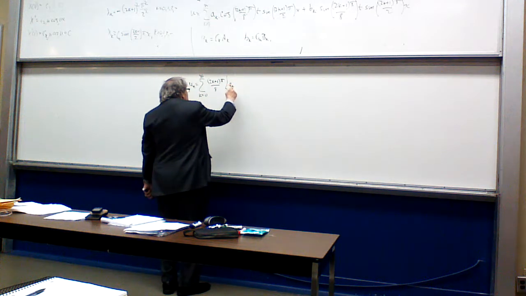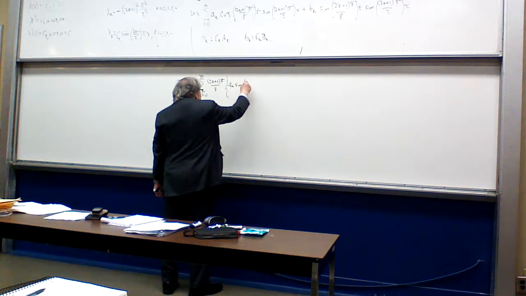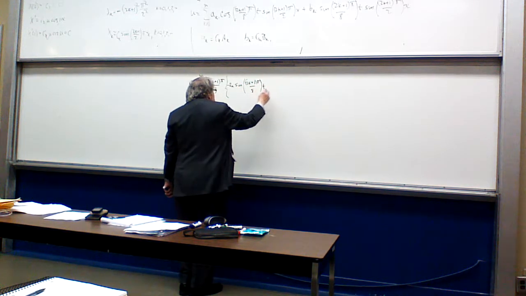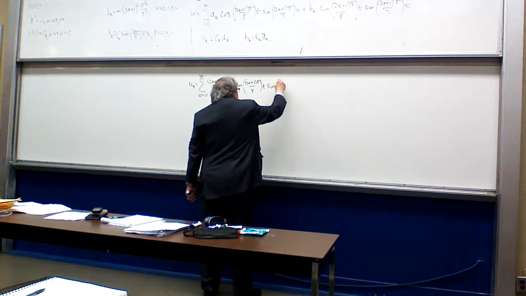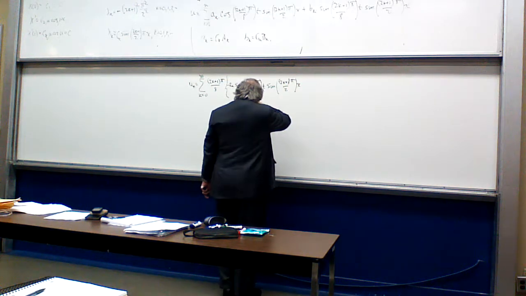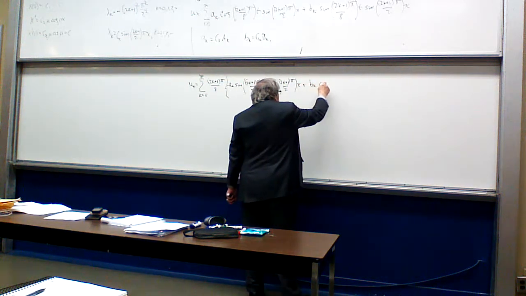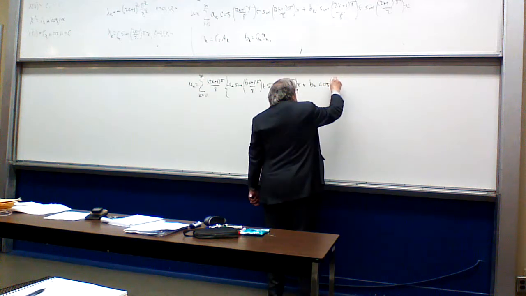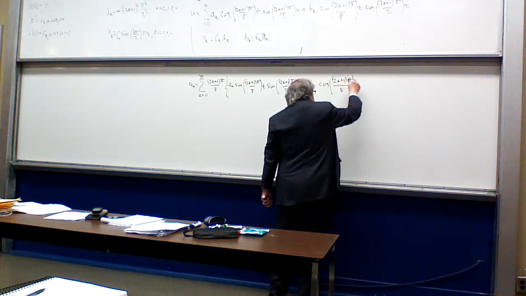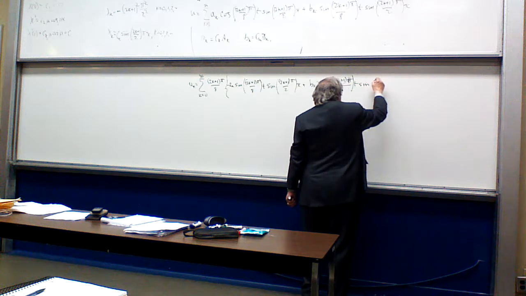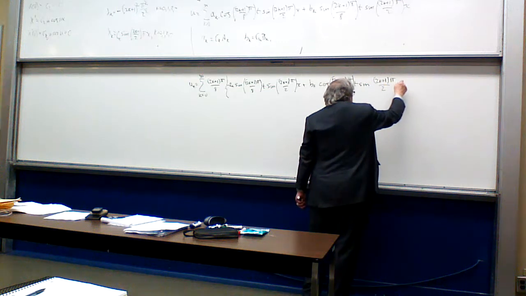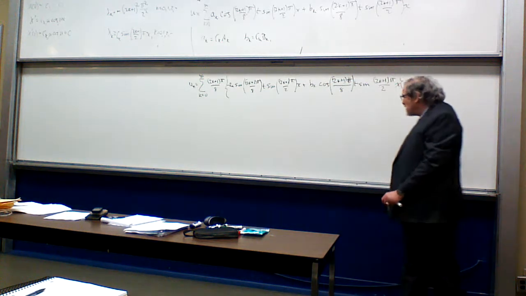So I get a sub k negative sine (2k plus 1) pi over 8 t, sine (2k plus 1) pi over 2 x, plus b sub k cosine (2k plus 1) pi over 8 t, sine (2k plus 1) pi over 2 x.